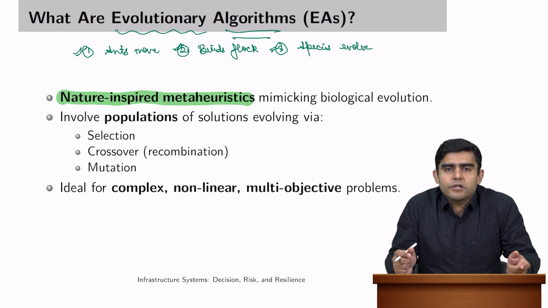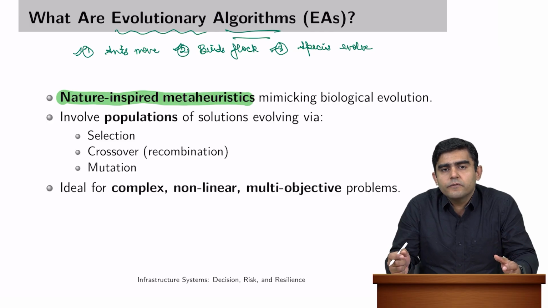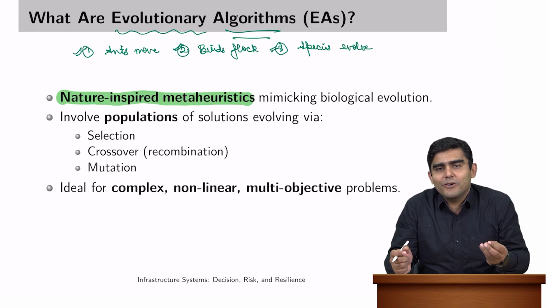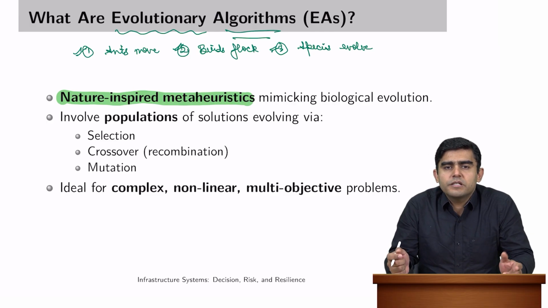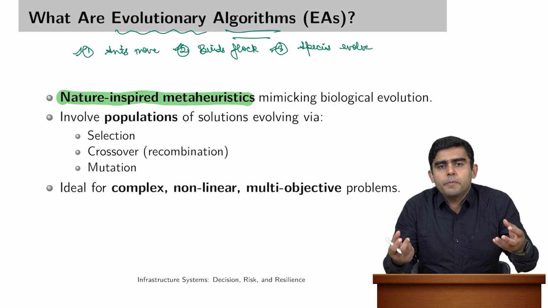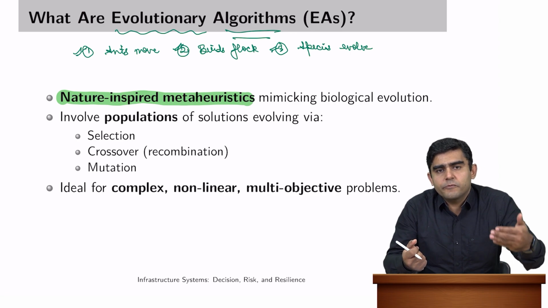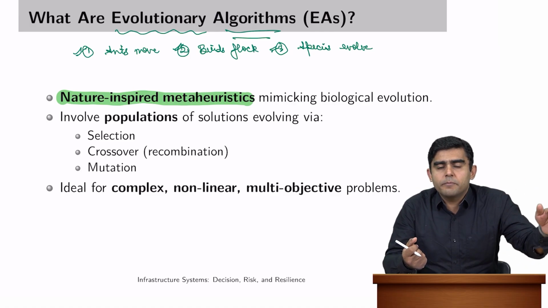Of course, when individual birds move, it may appear that they are moving around randomly, but when they move as a flock, we see that an emergent behavior comes out of the entire system. Similarly, with how species evolve, there is a population, and out of this population two parents mate, as a result of which an offspring comes into the picture. The offspring would have genetic material which can be decoded back to the parents.